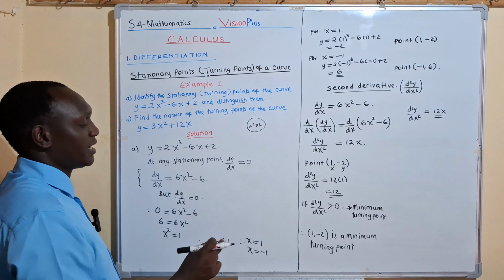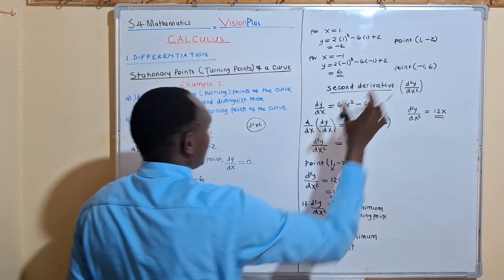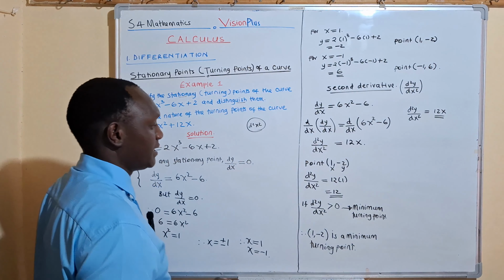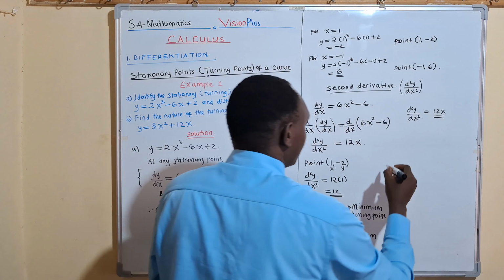That is, we have identified the point and we have stated what it is. That is 1. Let us go to the next point.